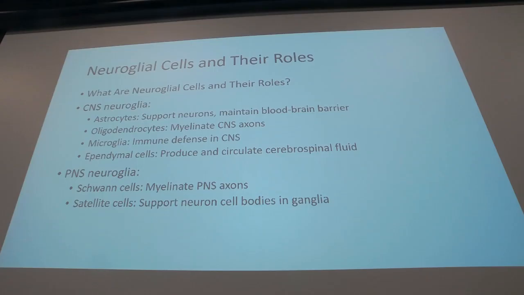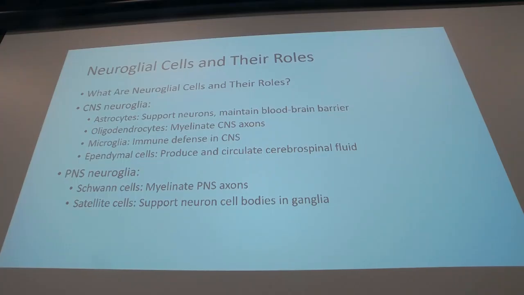So we looked at the information about neurons, the main cell, the structural and functional unit of the nervous system. Now, our nervous system also has supporting cells. These supporting cells as a whole are called neuroglia. And we have different types of neuroglia. We have neuroglia in the central nervous system, and we also have neuroglia in the peripheral nervous system.